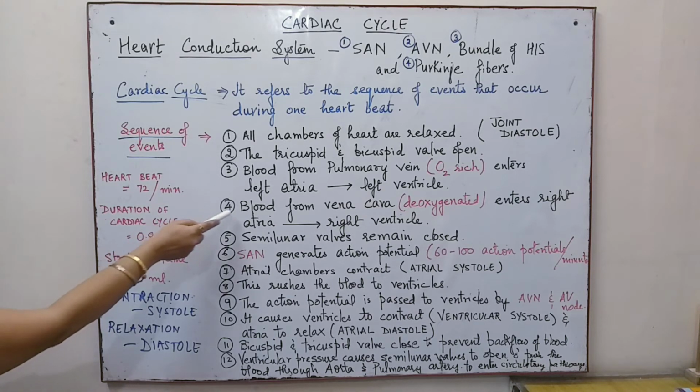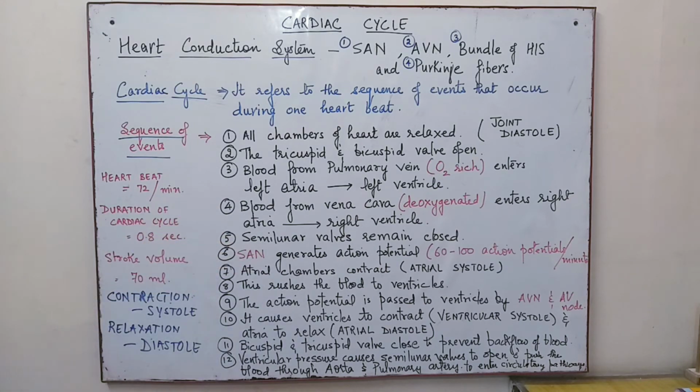Also, the superior vena cava and the inferior vena cava carry deoxygenated blood from the body's metabolic activities, and it enters the right atrium and from there the right ventricle. From the atria, the blood passes on to the ventricles.